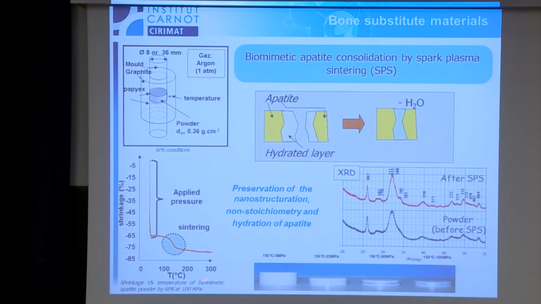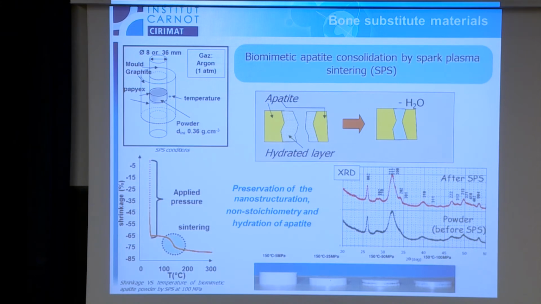Here you have a photograph of the bulk ceramics we can prepare. We use a pressure of 100 megapascal, and this temperature. You can see the nanocrystalline apatite powder before sintering, and here the ceramics.